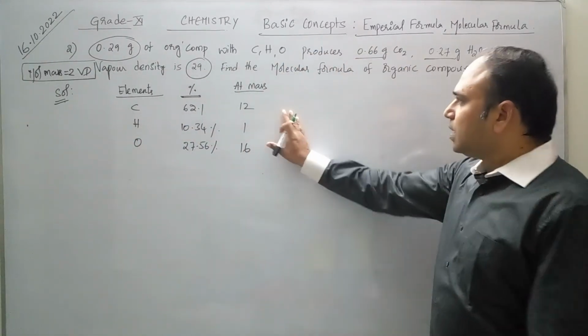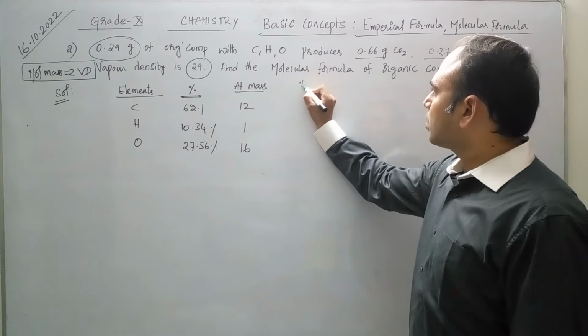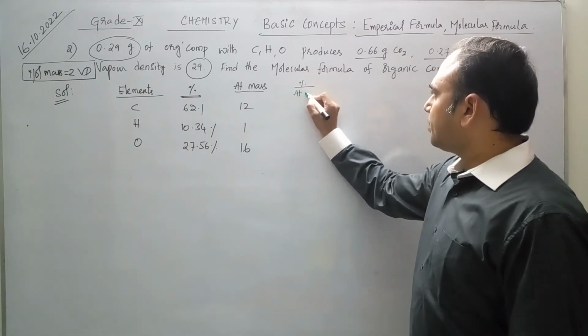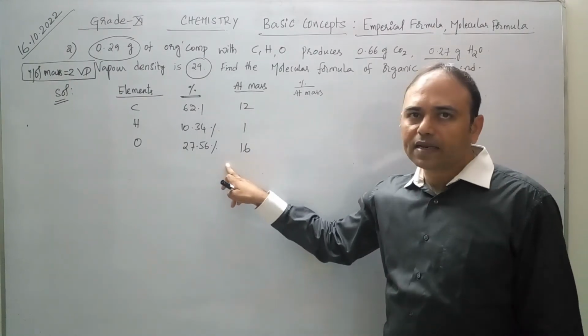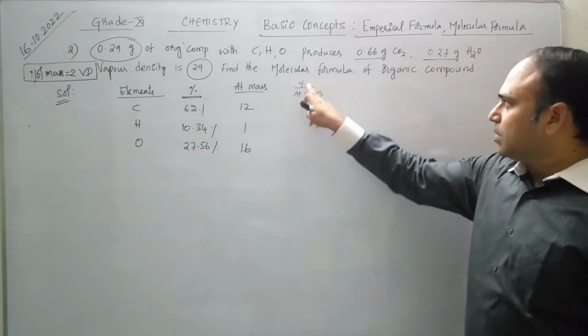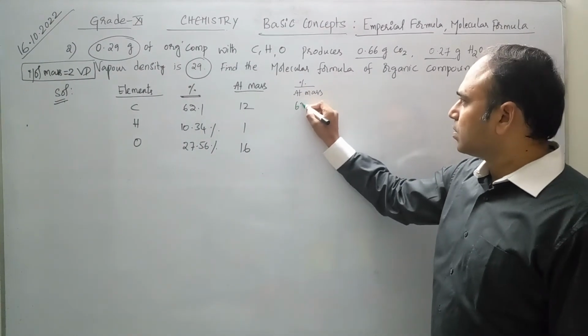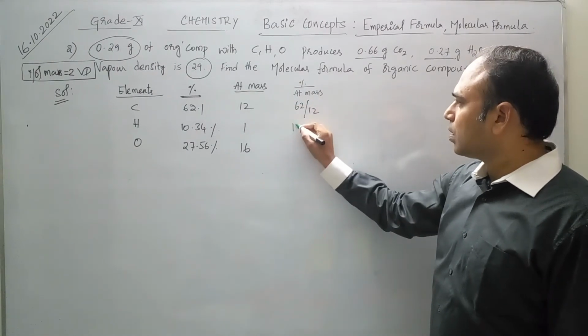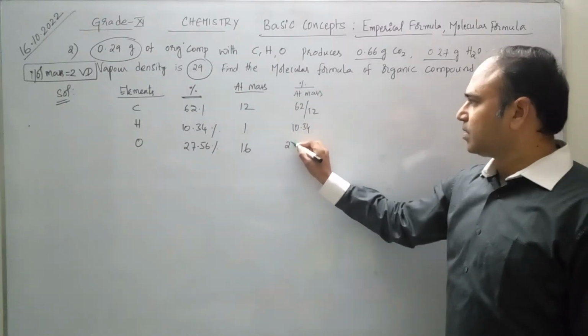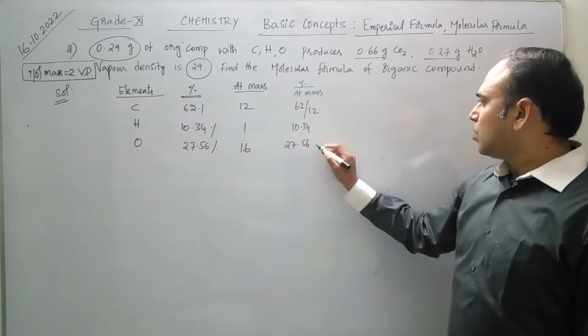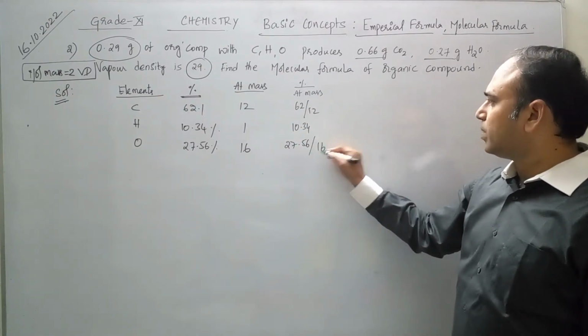Next, to get the relative number of moles, percentage by atomic mass. Very simple. First we write the percentage we calculated, then the atomic mass, percentage by atomic mass. 62 by 12, 10.34 by 1 is the same. Next, 27.56 divided by 16.